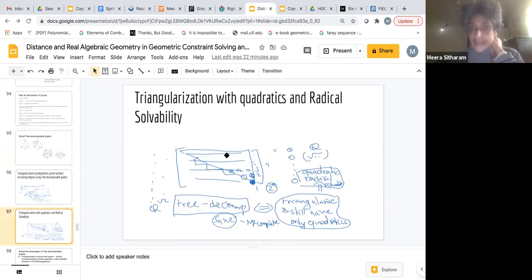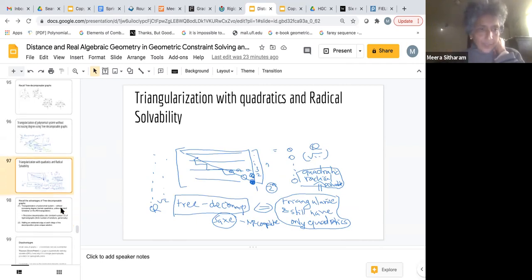So that's the key idea here with these tree decomposable graphs, that you can obtain a triangular system that keeps the degree as quadratic.